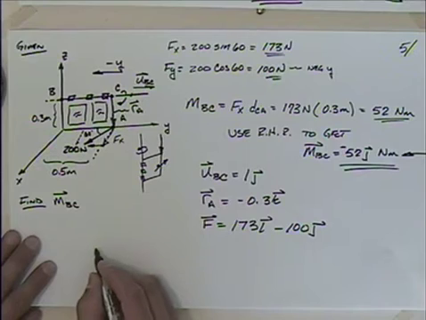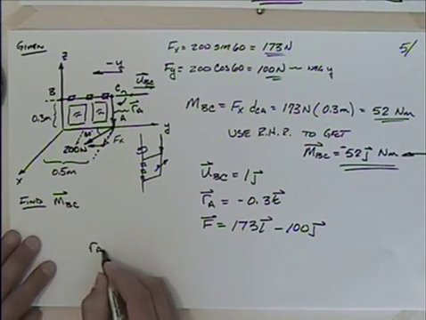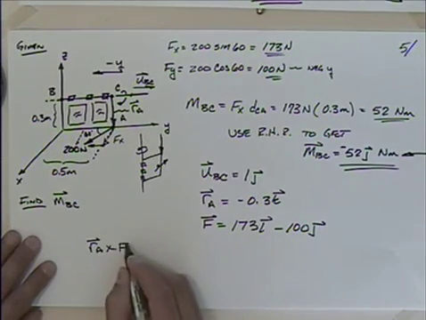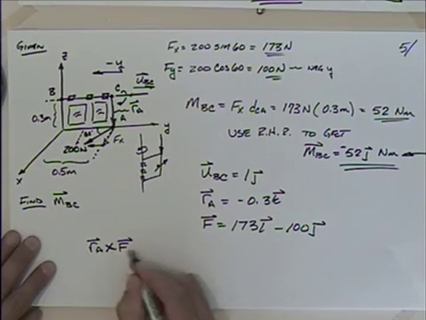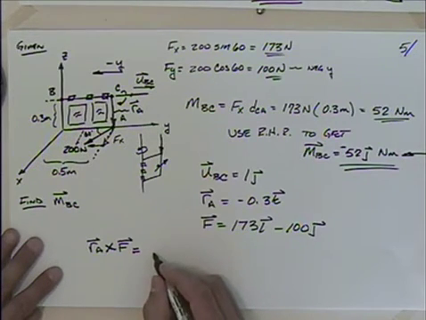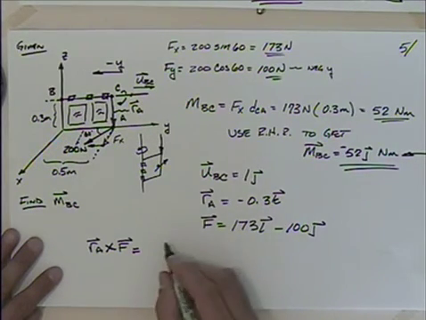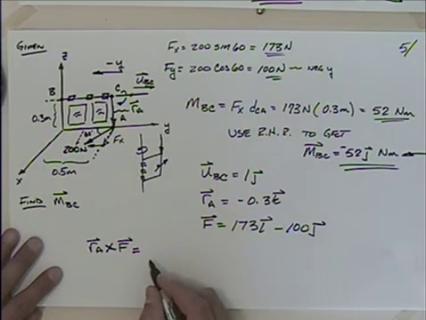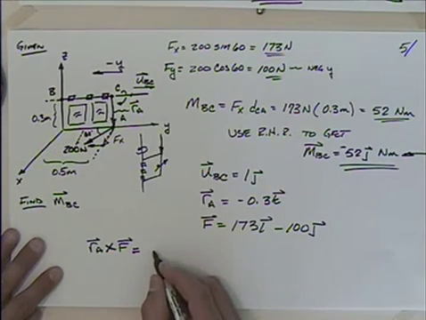So now when I say RA crossed with F, so that's the cross product, and that's going to be equal to what? You could put it into an array if you wanted to, or this might be just as easy.